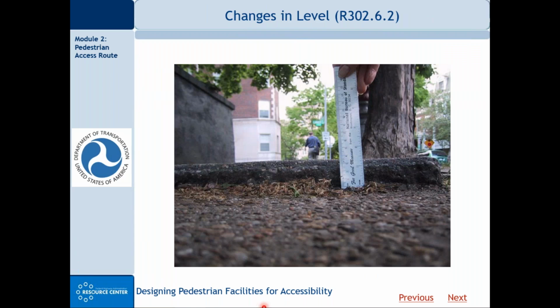The second type, which is why I call it a double whammy, is that this is also an inaccessible section of sidewalk because of that elevation difference. So someone in a wheelchair, someone in a walker may not be able to negotiate that section of sidewalk and reach their destination.